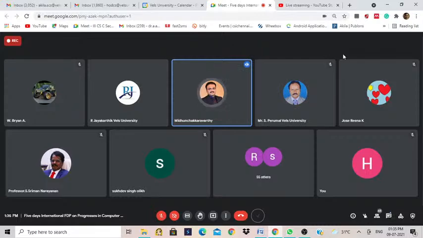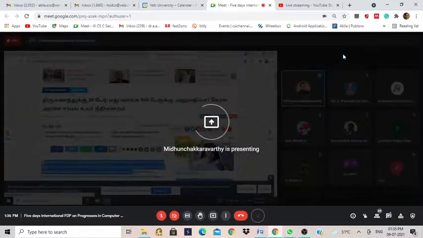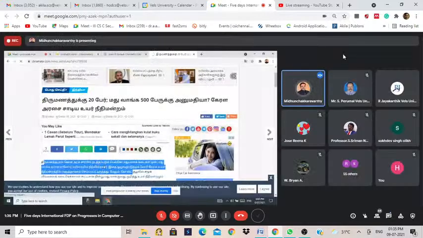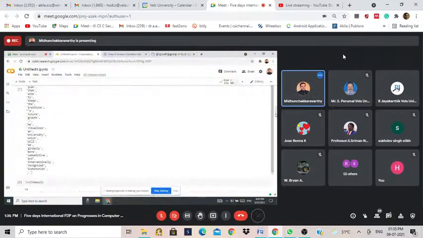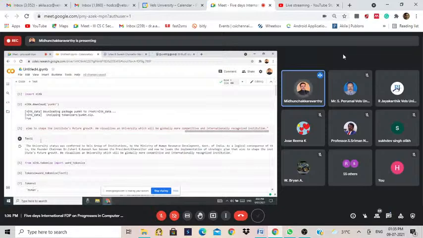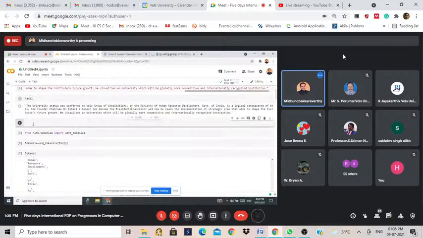You can see I have copied a paragraph from this Tamil newspaper, Dinamalar. So I have copied this paragraph, and let me show you in the Python stack here.